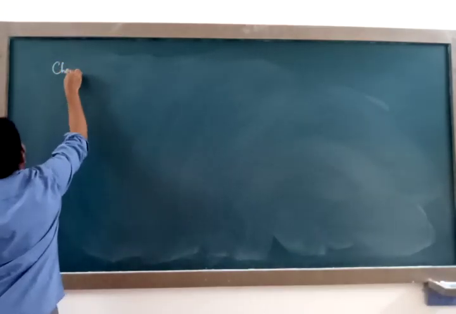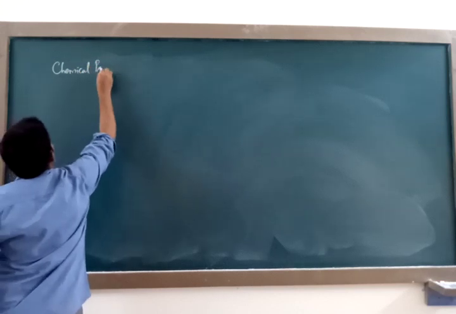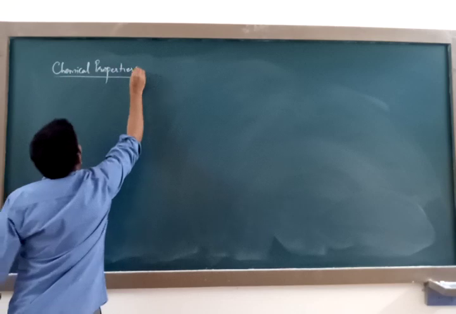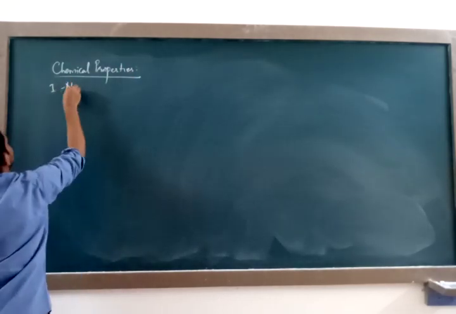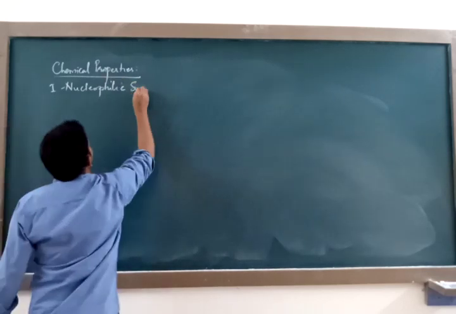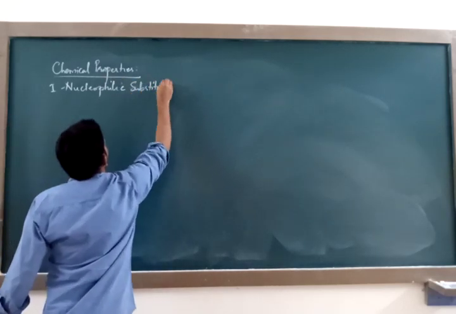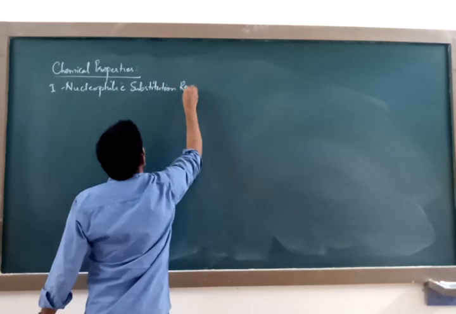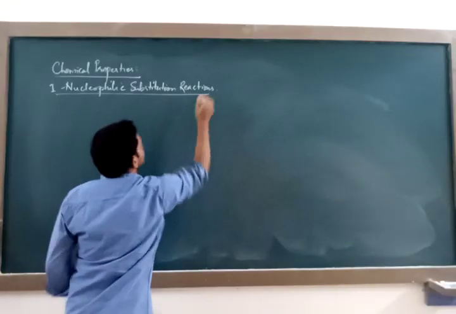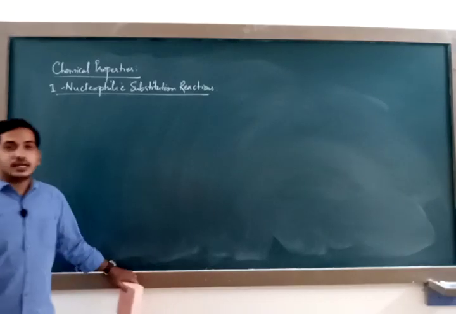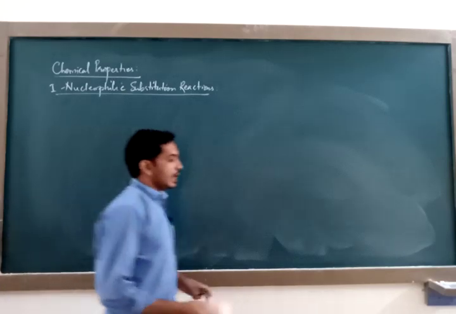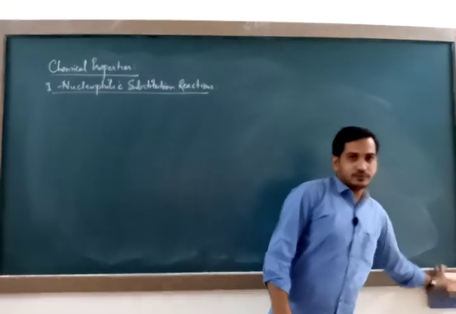Under chemical properties, the main chemical property that we shall study is their nucleophilic substitution reactions. I did tell you that in haloalkanes, the C-X bond is sp3 hybridized, whereas in haloarenes it is sp2 hybridized. So for this reason, haloarenes are less reactive.